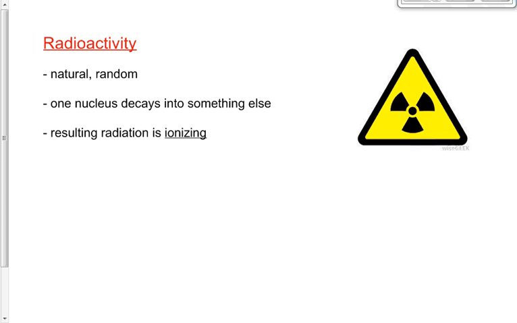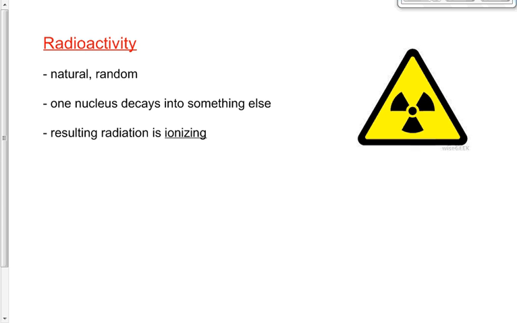Let's define it first. Radioactivity is a natural process. It's a random process in which one nucleus will decay into something else. So carbon might change into nitrogen, or uranium might change into thorium, or whatever the case may be. Now in chemistry, you don't really learn about radioactivity. You learn about chemical reactions.